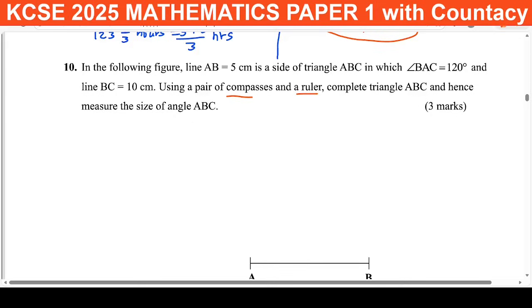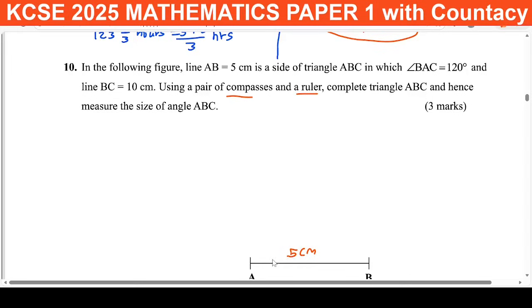So what I'll do is guide you step by step in a way that you'll be able to understand fully how you are supposed to go about this. So it's important that we go along together. So we have points A and B here. That is line AB. This is supposed to be 5 centimeters.